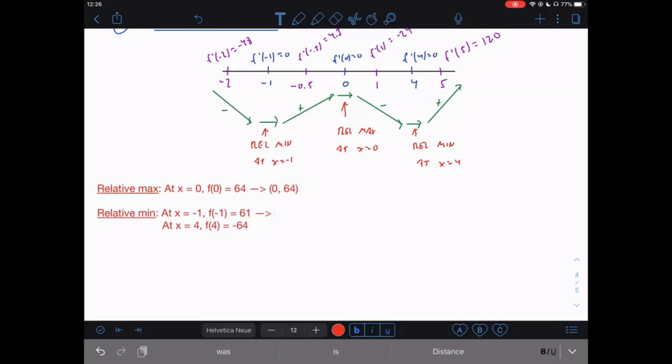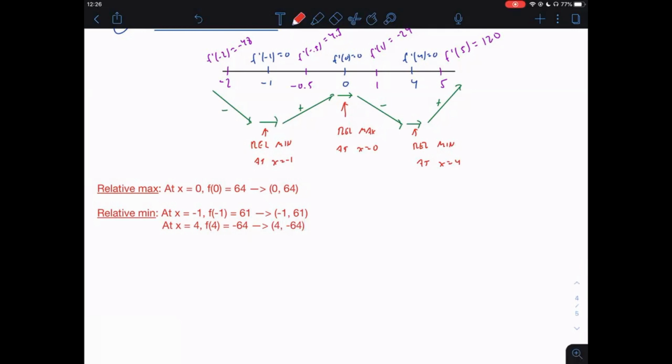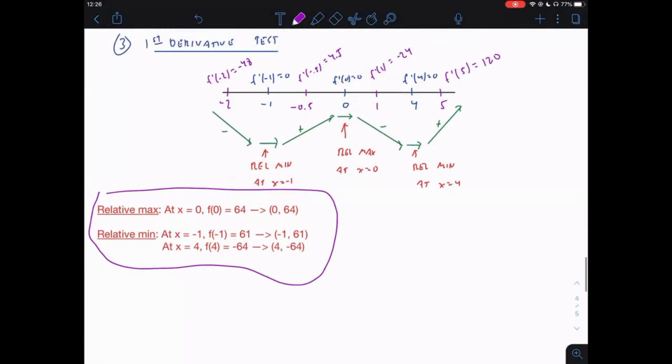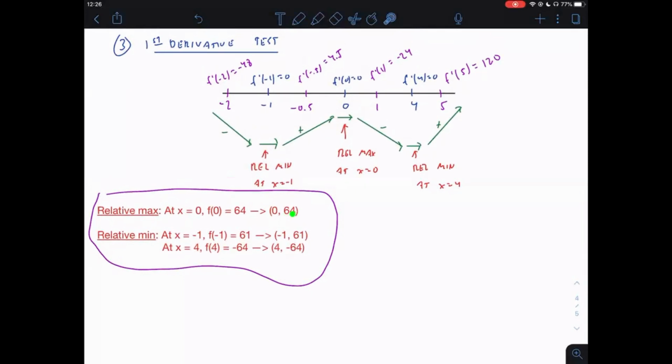So our first relative minimum was at (-1, 61), and the second relative minimum was at (4, -64). All right, so here we have our relative extremes: a relative maximum at (0, 64), and then two relative minimums at these two coordinates.